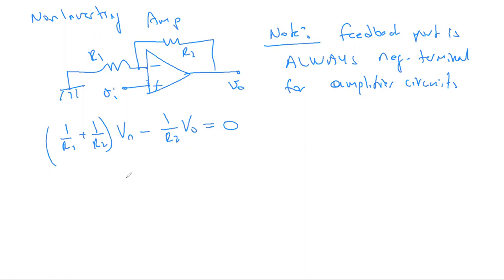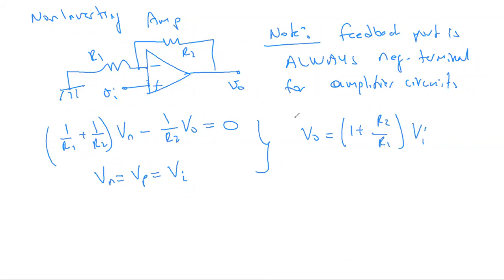And from the characteristic equation of the op-amp, Vn is equal to Vp, which is equal to Vi. If I substitute it in here, I would get V0 is equal to 1 plus R2 over R1 times Vi.